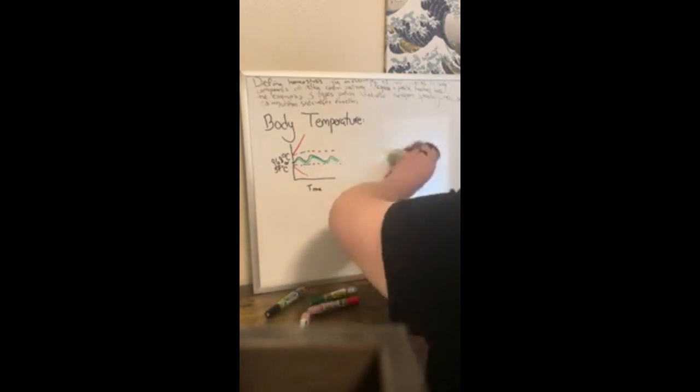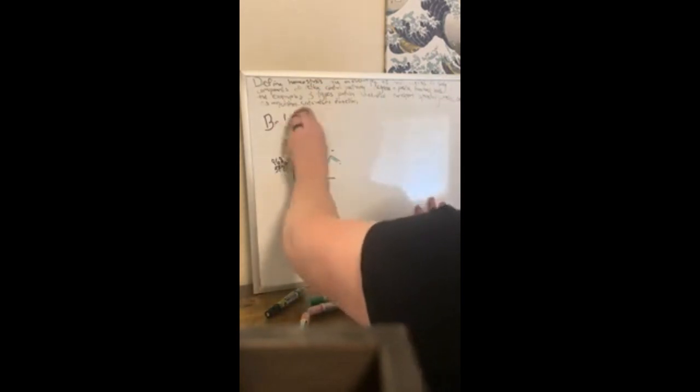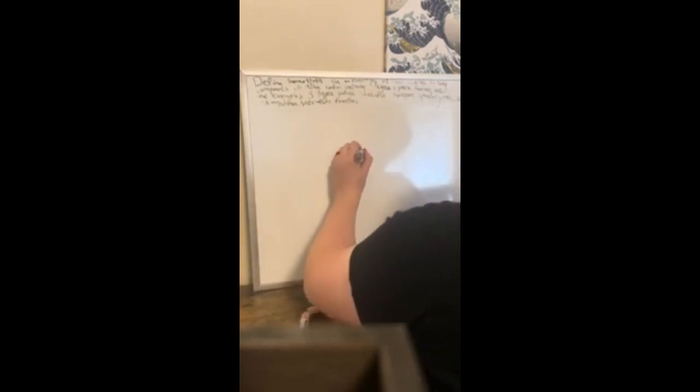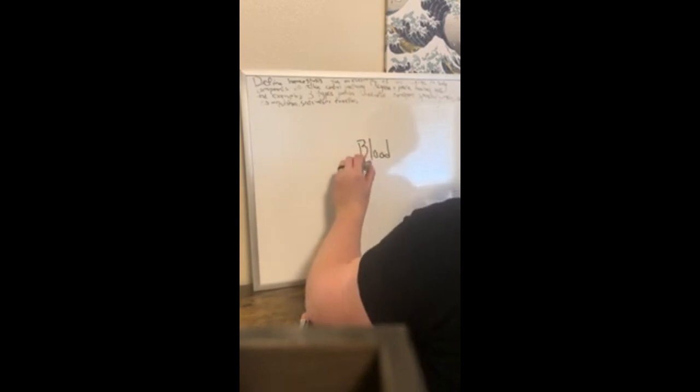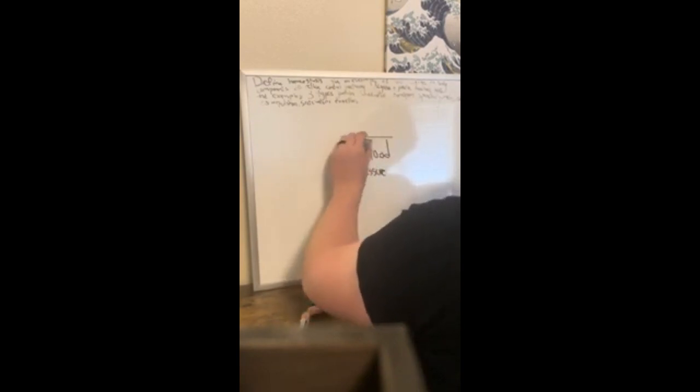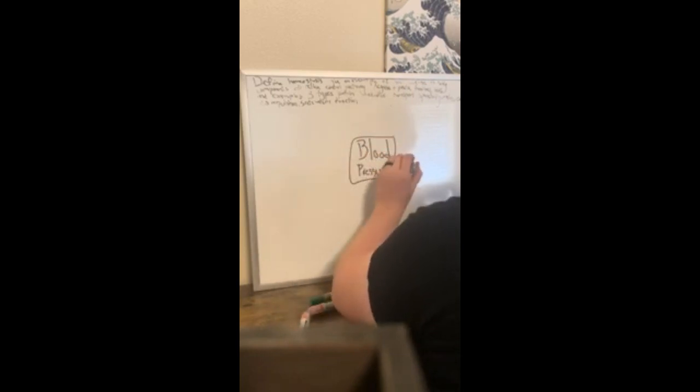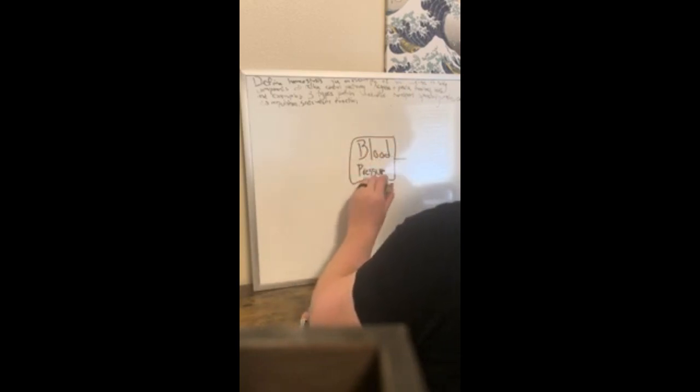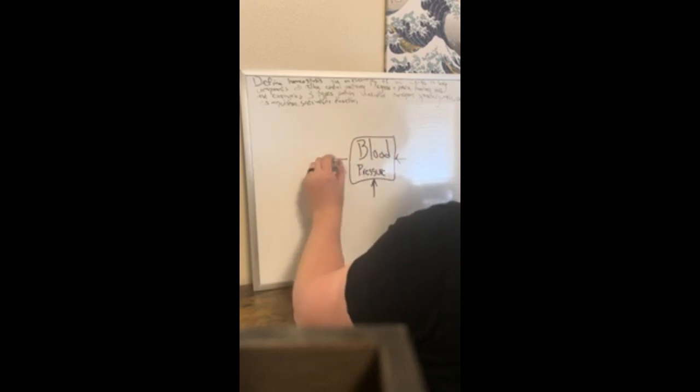Another example that we can use is blood pressure. I'm going to draw this in the center of the diagram. There are three main things that we attribute to blood pressure.